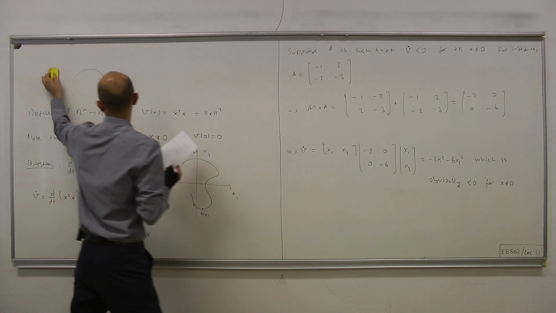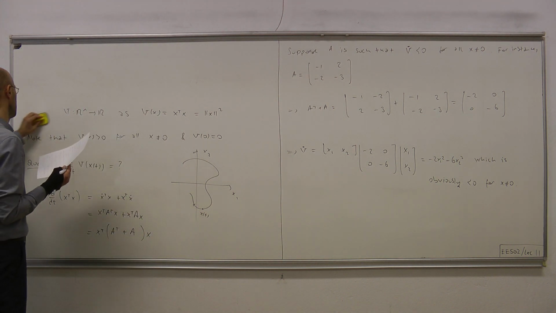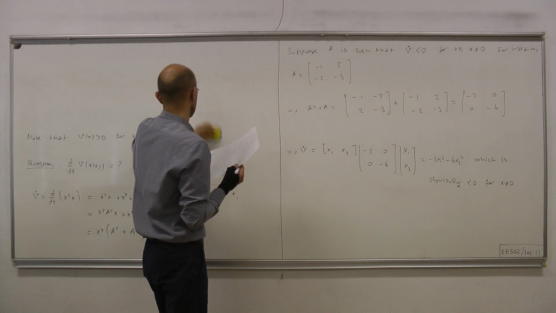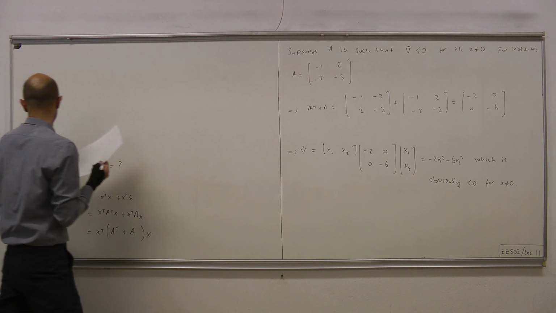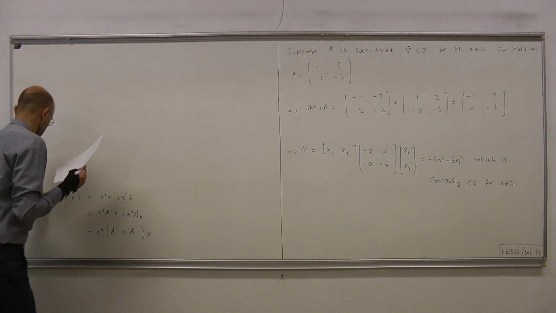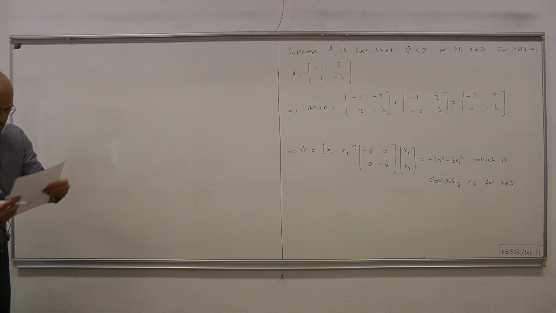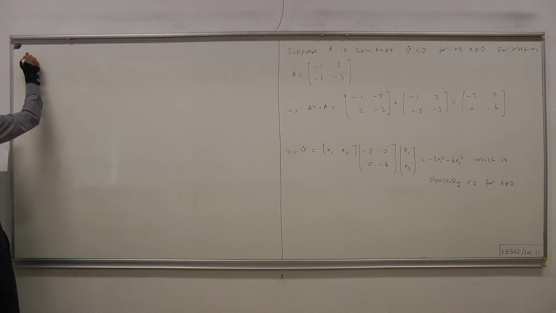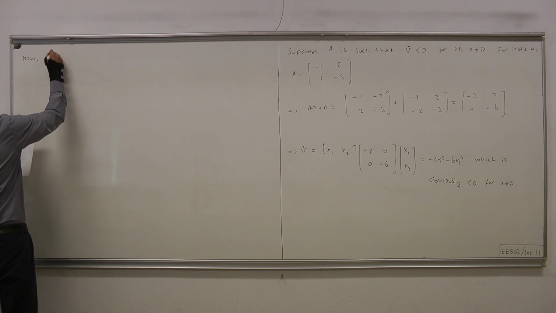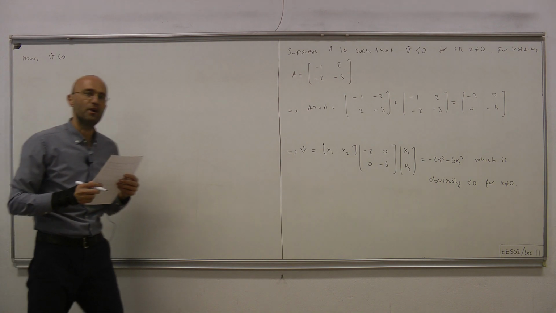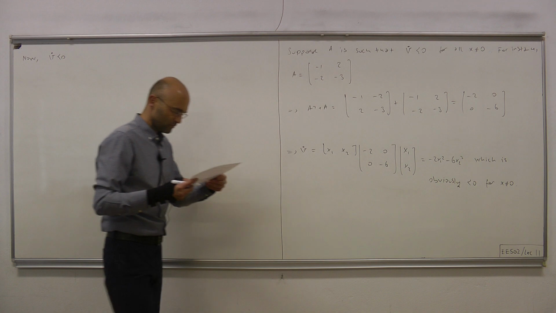And now, what does that tell us about the stability properties of the system x dot equals Ax? The conclusion is easy to reach at this point. What we have obtained is that v dot is always negative, except x equals 0.